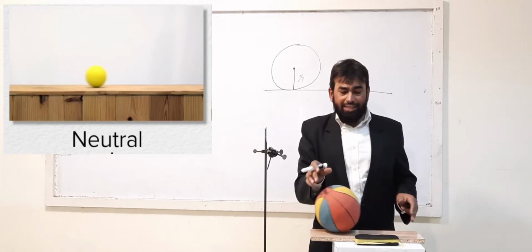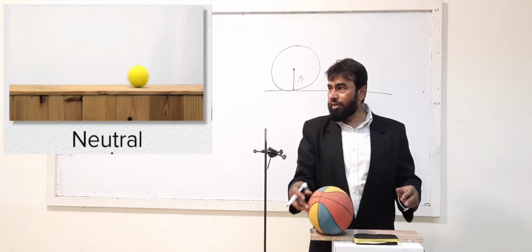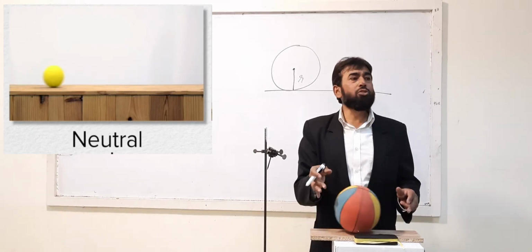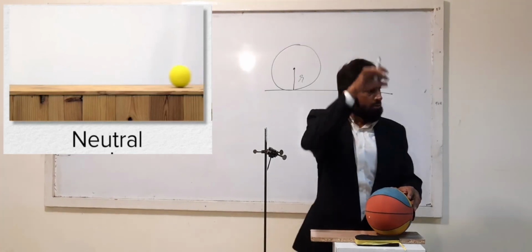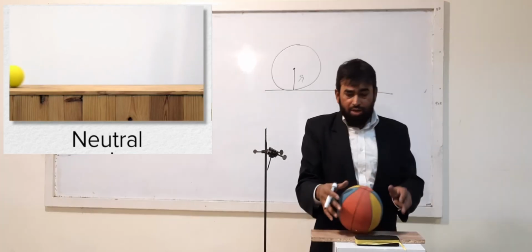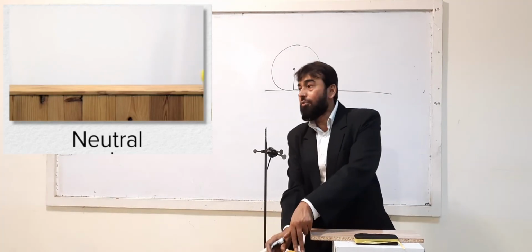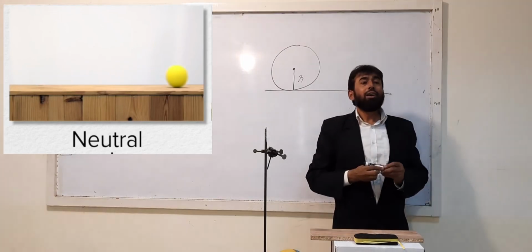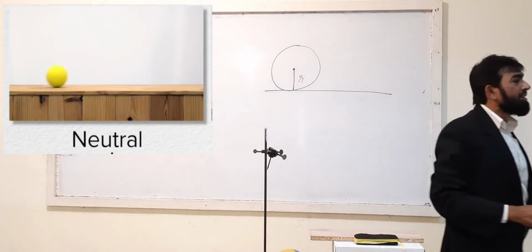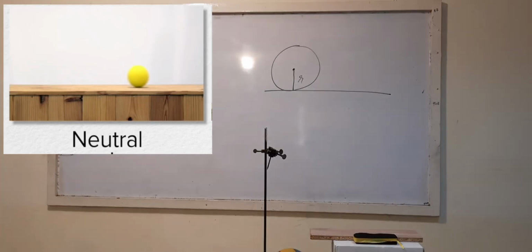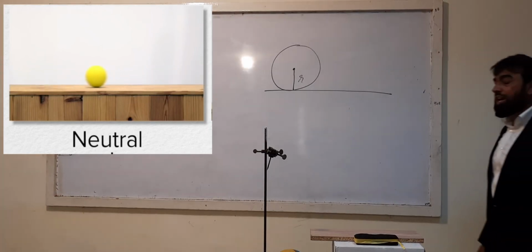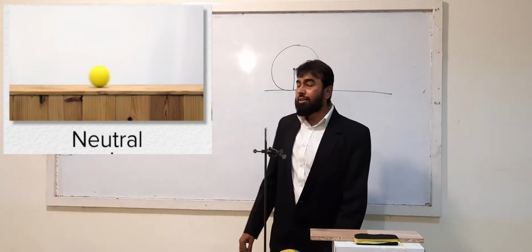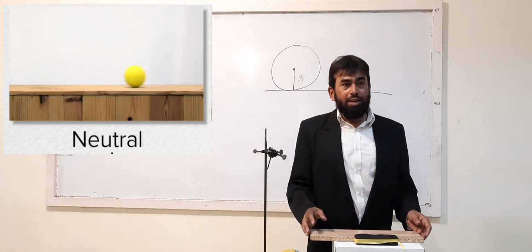When I roll it, applying force, its height is not changing, neither rising nor going down. So it is in the state of neutral equilibrium, because if you change the position of this ball, the center of gravity does not change its height. This type of equilibrium is called neutral equilibrium.